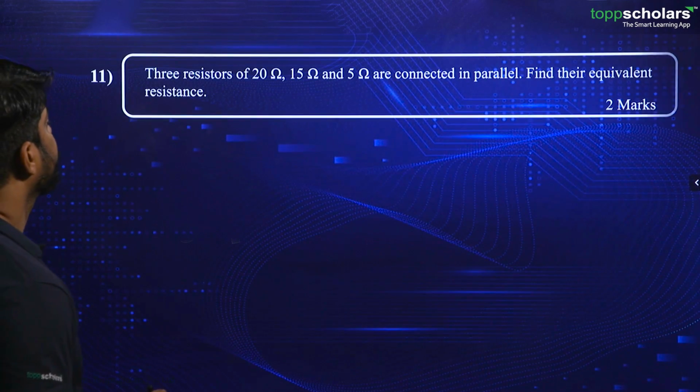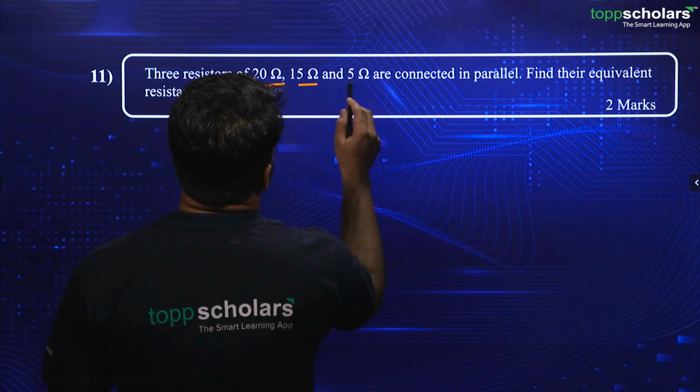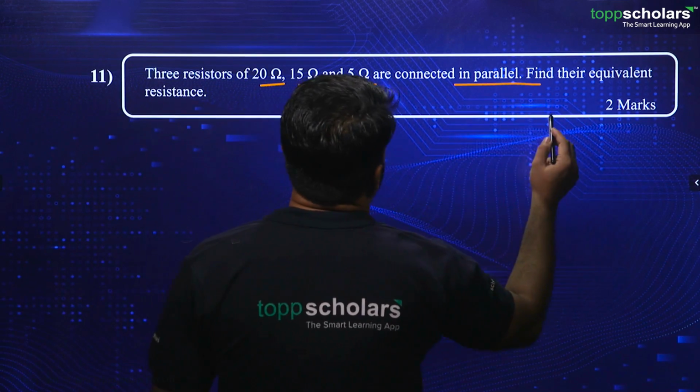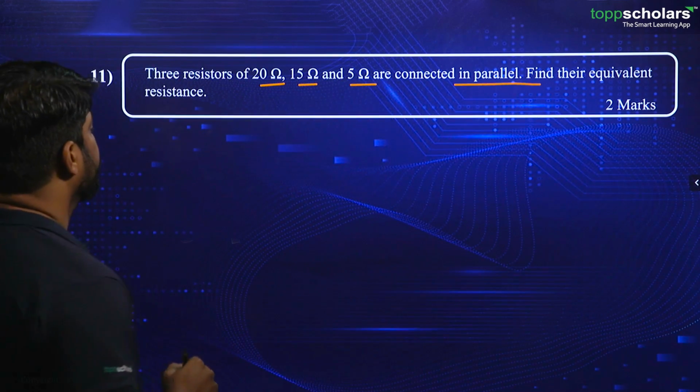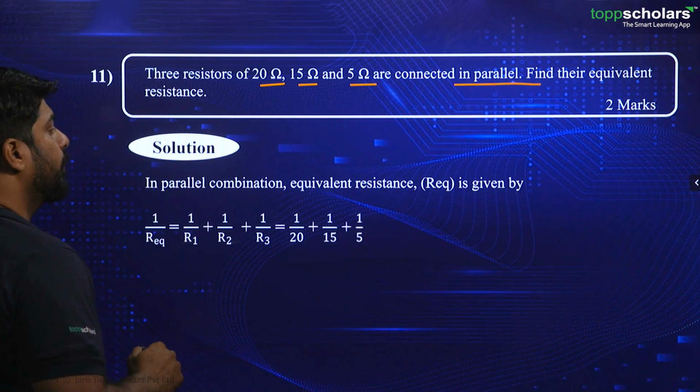Next question. 3 resistors, 20 ohm, 15 ohm and 5 ohm are connected in parallel. Find their equivalent resistance. Here is the solution. Here they are connected in parallel.